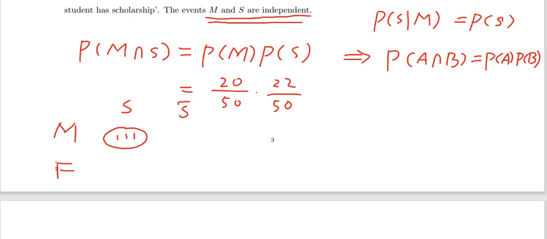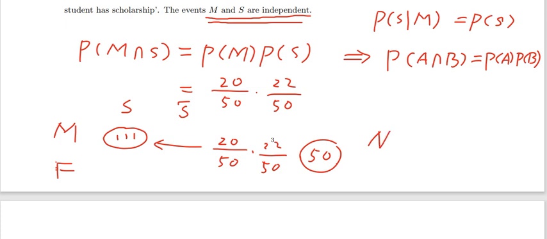So this one should equal this probability multiplied by 50, not 22, not 20. Should multiply 50, right? Because this is not conditional.